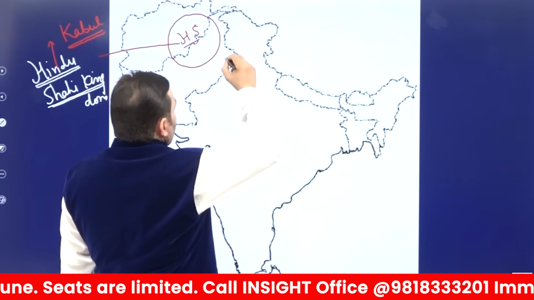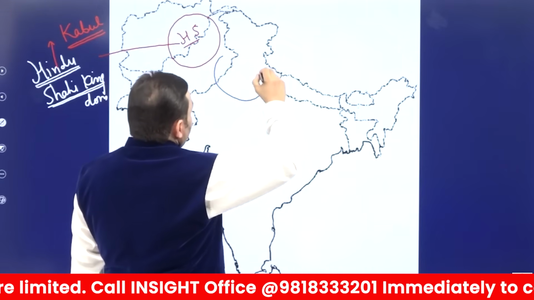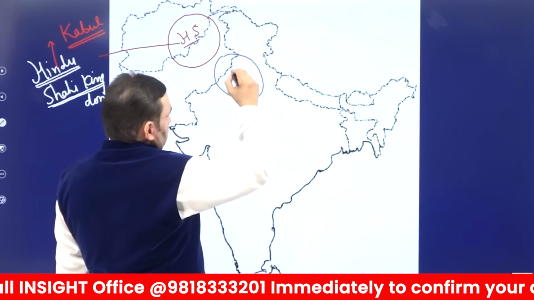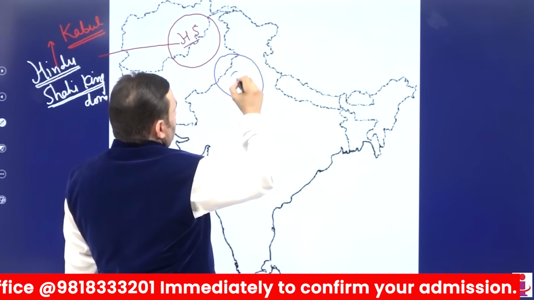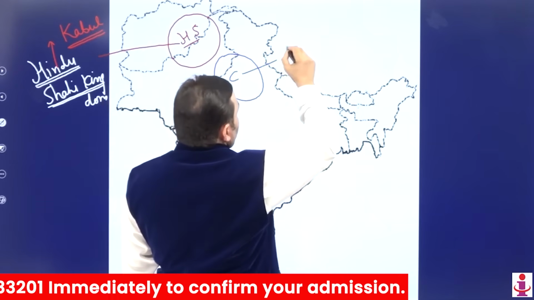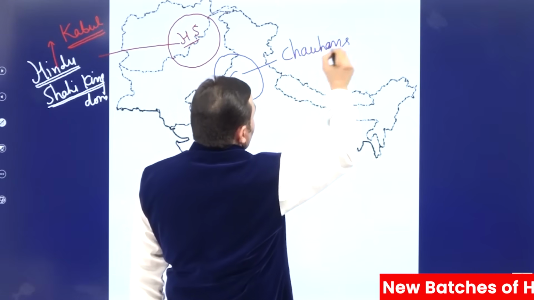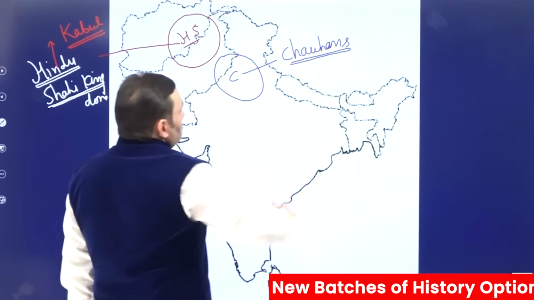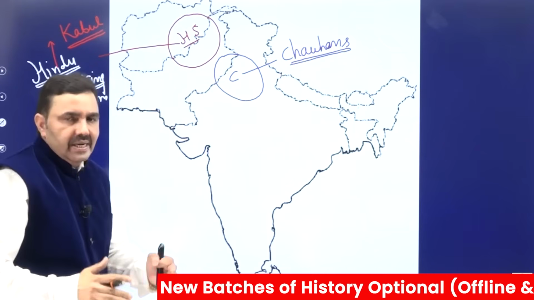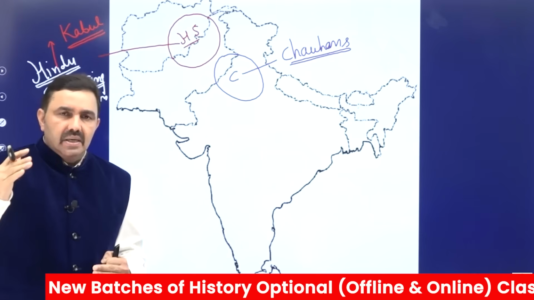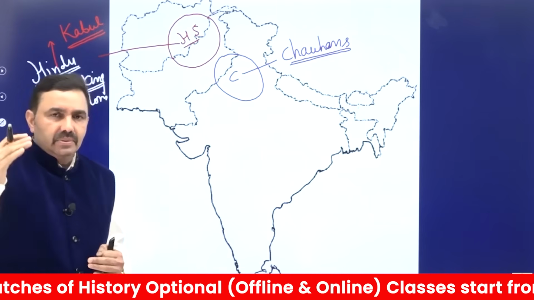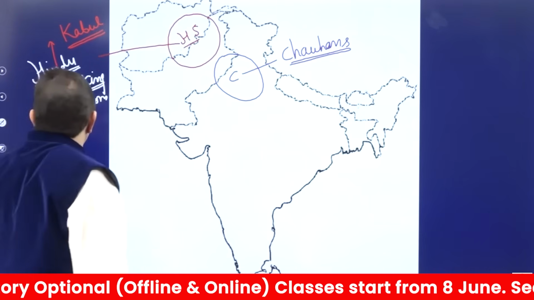This area, Delhi, parts of Rajasthan, parts of Punjab, was ruled by Chauhans. Or you say Delhi, Ajmer region was under Chauhan dynasty, Rajputs of Chauhan dynasty.